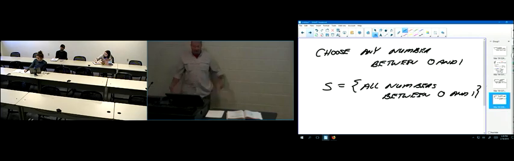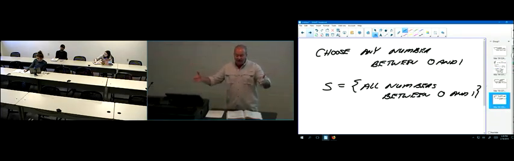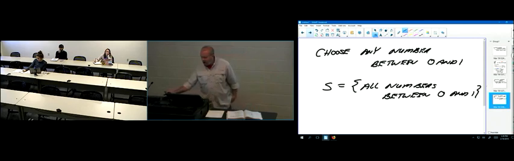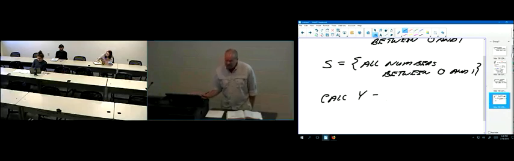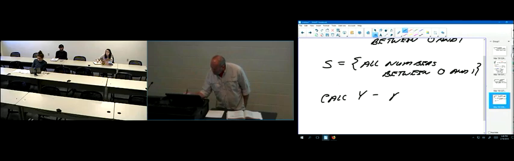I've got no shot at writing them down. There's an infinite number of them. I know we're not math people, but I'm on the number line here, looking at all numbers between 0 and 1. That's an interval of outcomes, right? So this is a continuous probability model. And I'd like to call it Y. Notice I'm using this capital letter Y at the end of the alphabet. I'd like to call it the random number generator.